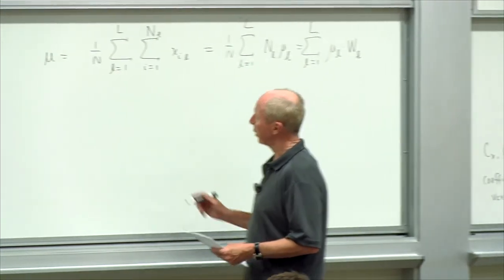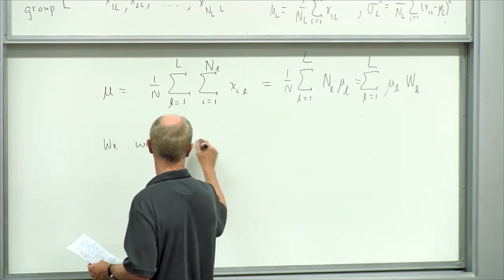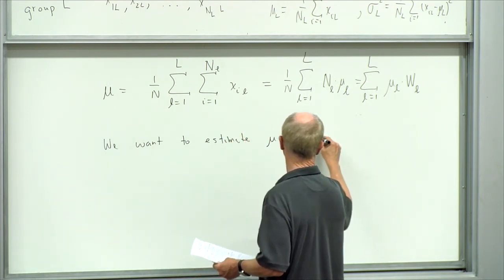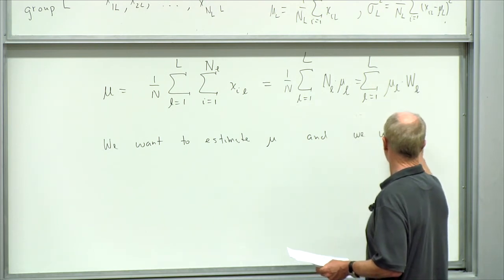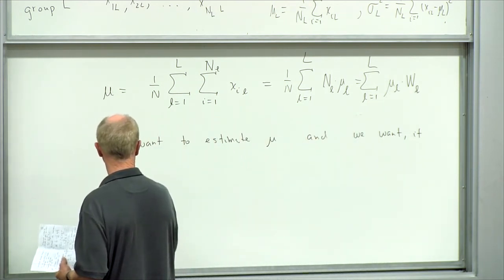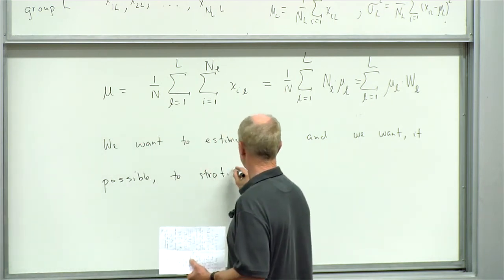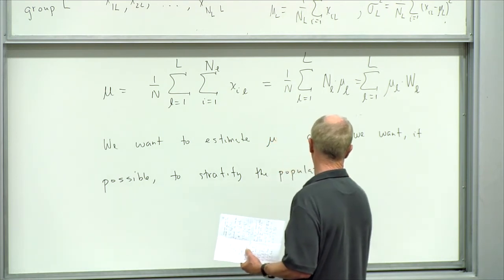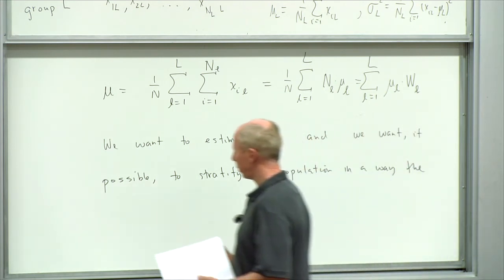And it's mu that we want to estimate. And we want, if possible, to stratify the population in a way that minimizes the standard error of the estimate.